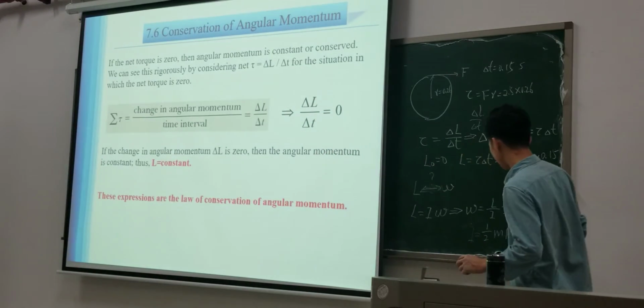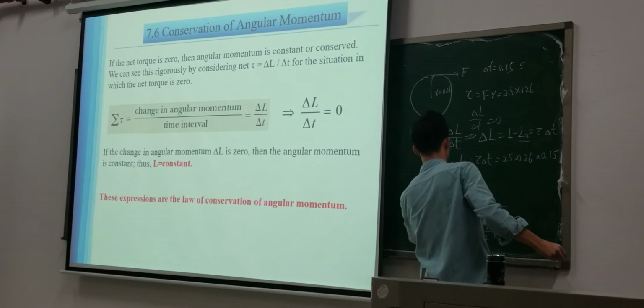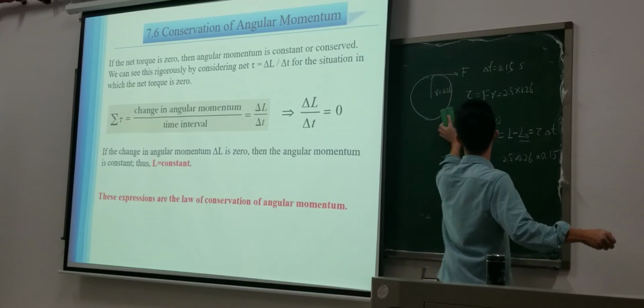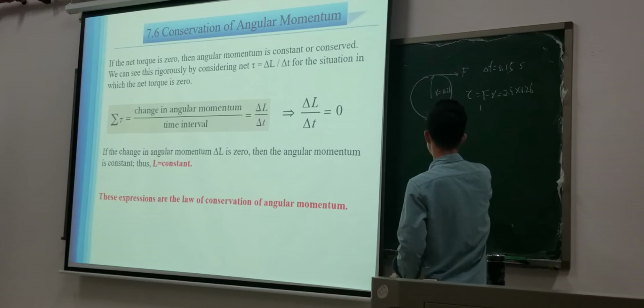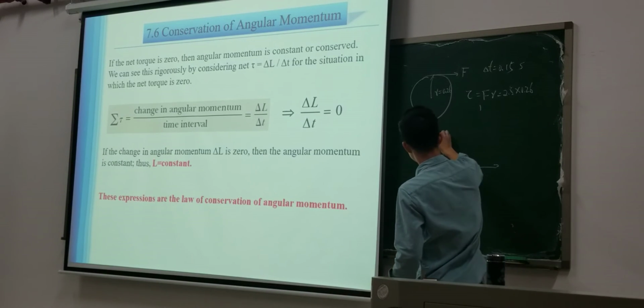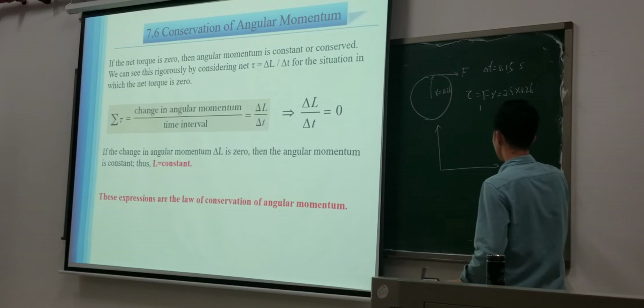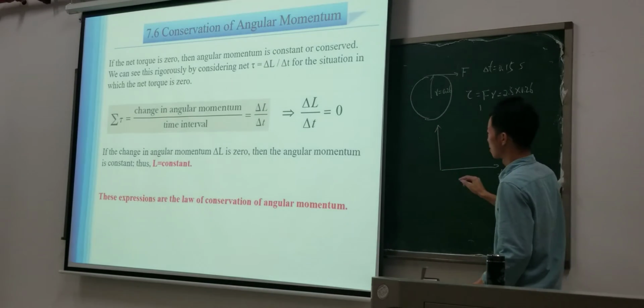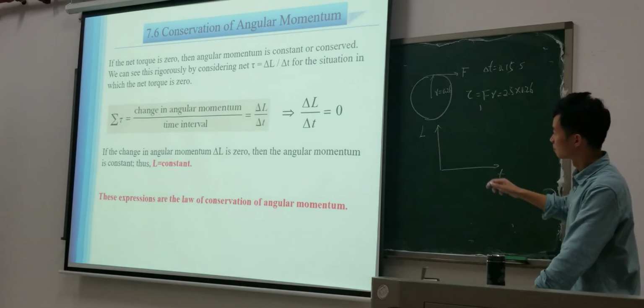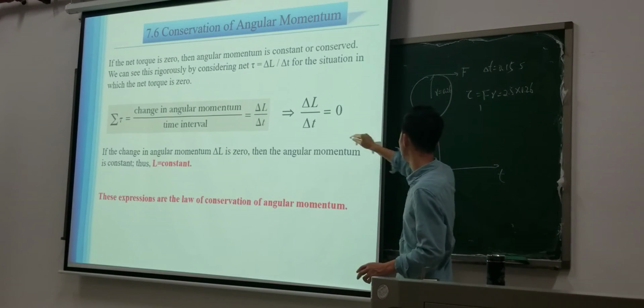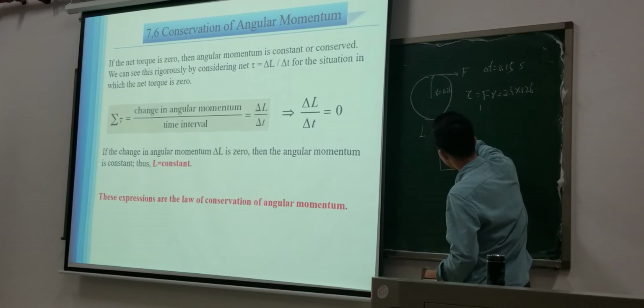If we plot like this, this is an axis. The horizontal is time, the vertical is the angular momentum. When delta L over delta T is zero, it means L is a constant.